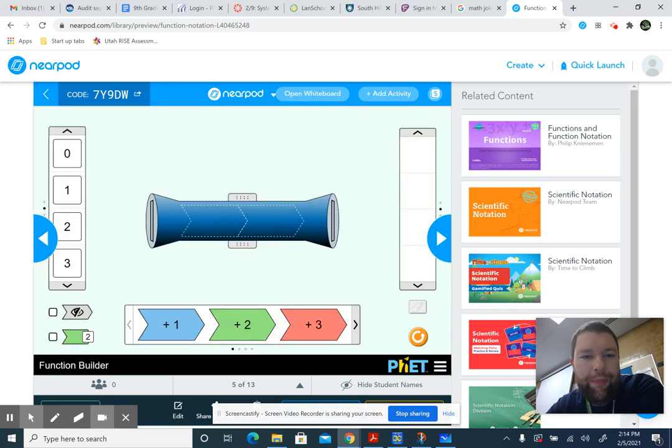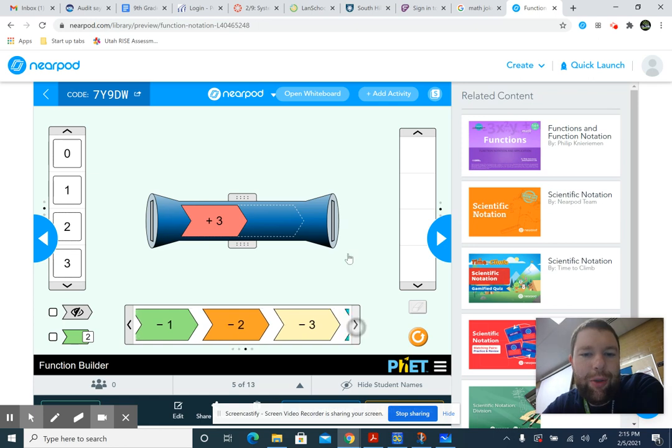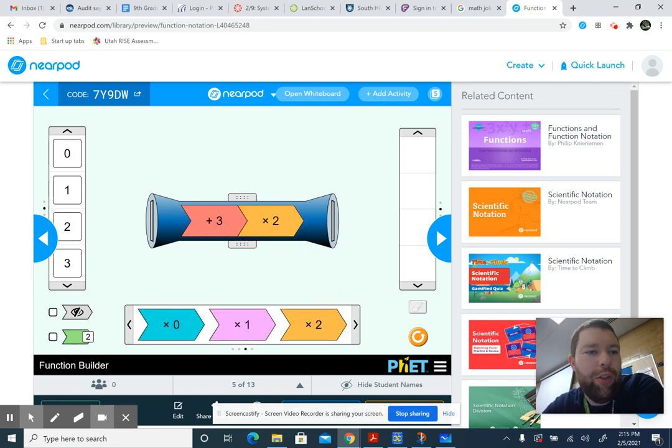The next one gives me some actual math functions here. So if I put in like a +3, and let's do a times by 2. Okay, so basically if I input a number here, it's going to add 3 to it and then times it by 2. So if I input 0, it would add 3 to it and then times it by 2, you get 6.